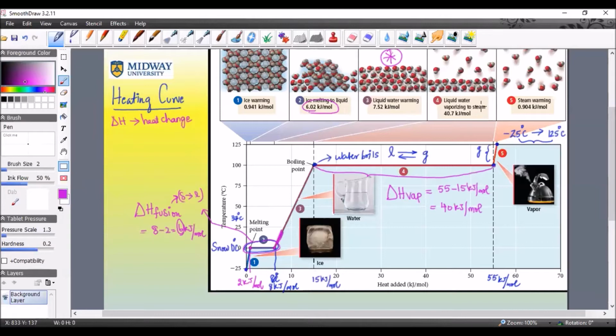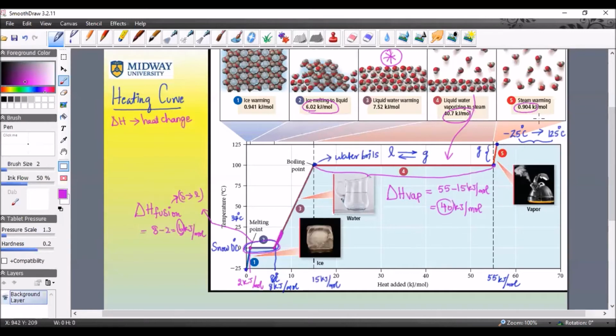This is conceptually understanding it. And to go from actual liquid to gas, I said about 40, and that answer matches this. So this is this region right here, this flat region. And then obviously above this, you only need a little bit more.